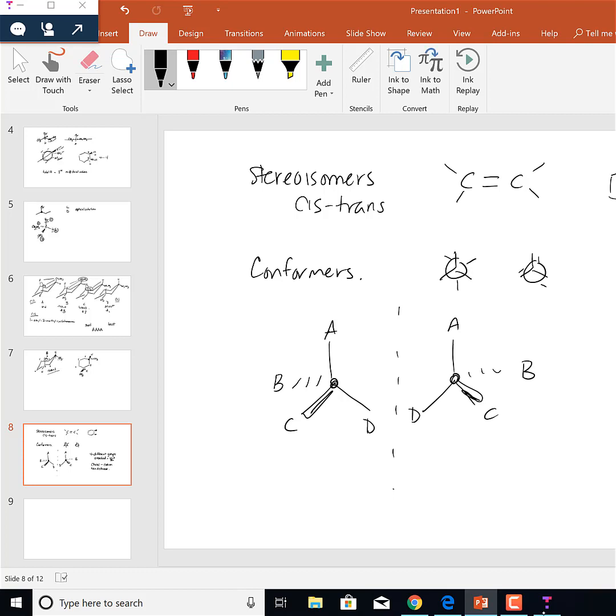You have a left hand and a right hand. But the molecule has to have a chiral carbon in it. And a carbon is chiral when it has 4 different groups attached to it. An alternative definition is that there's no mirror plane that passes through that carbon.